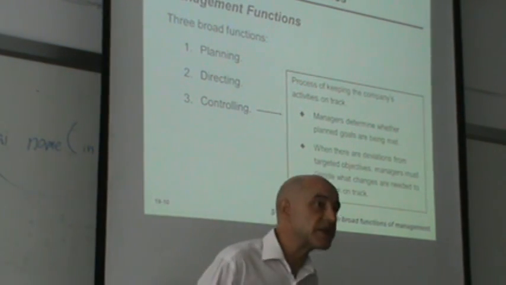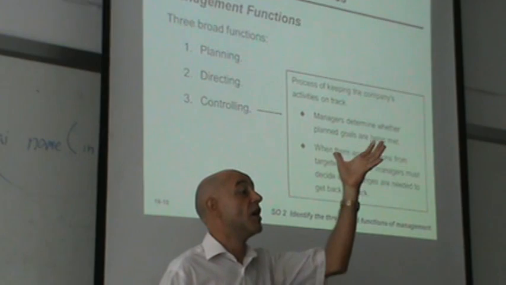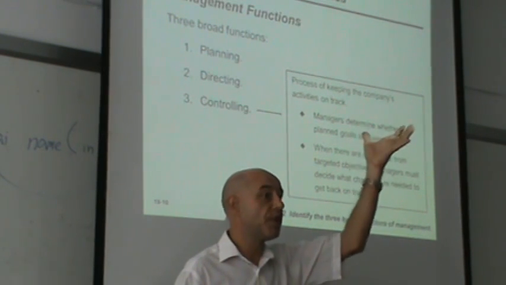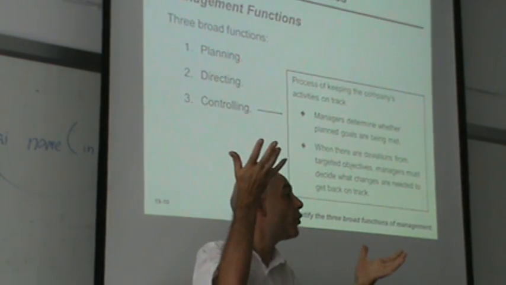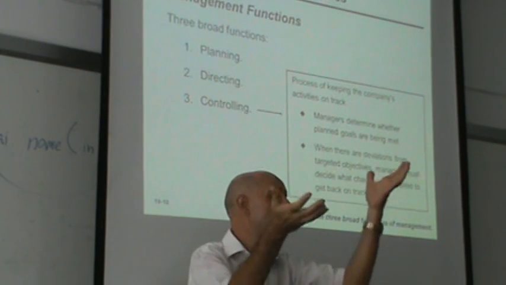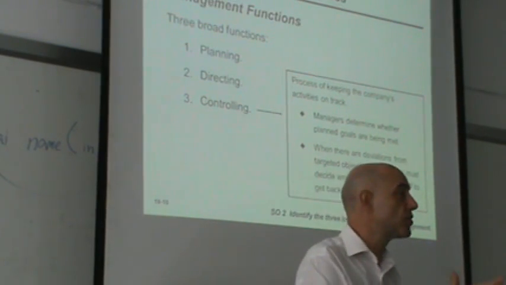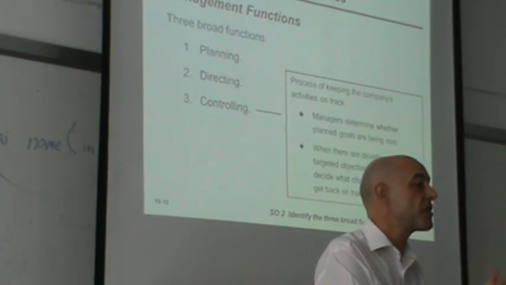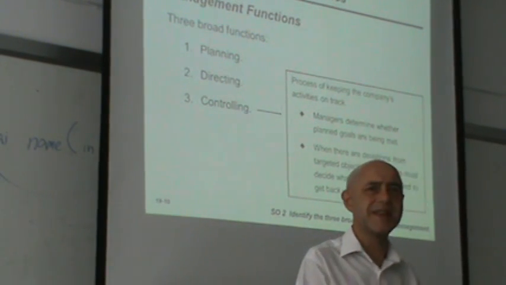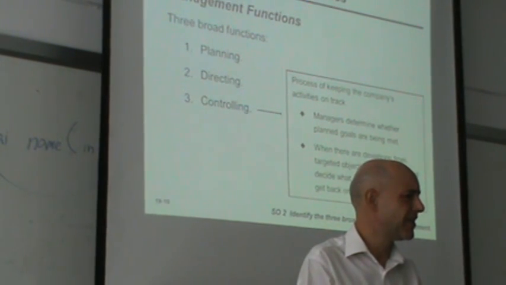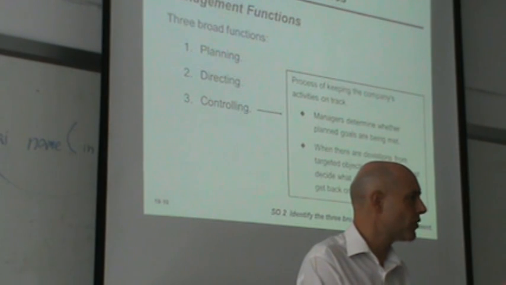And control is about determining, first of all, what your plan was, second of all, what you actually did, and you try to compare. Oh, my goal today was to make, let's say, 20,000 baht revenue. And you say, but I made only 15. And you ask, well, why? What went wrong?